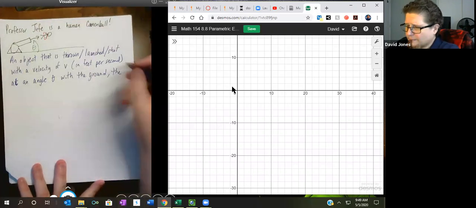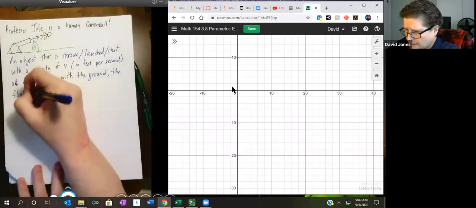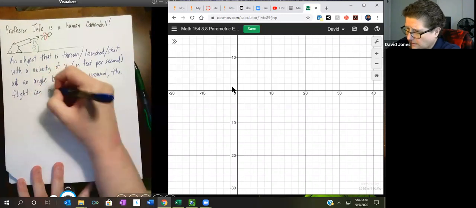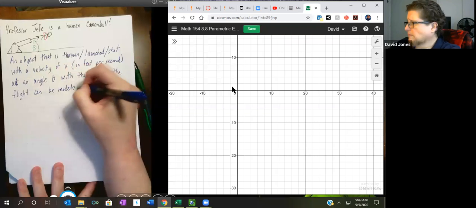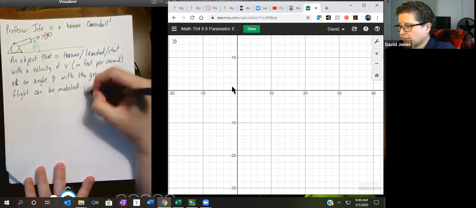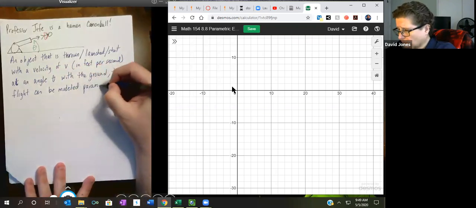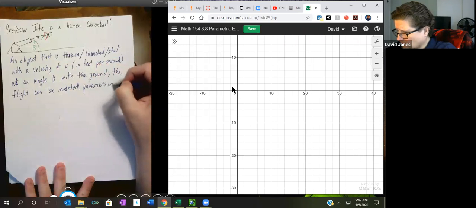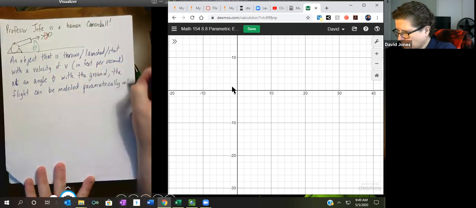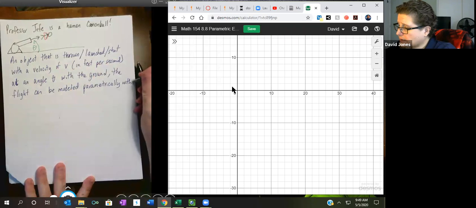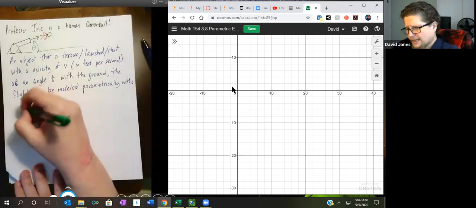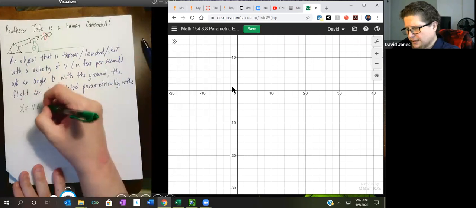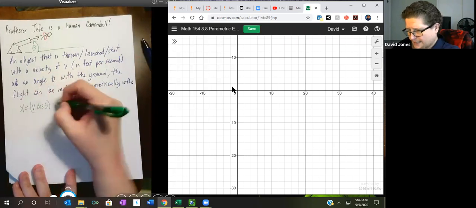The flight can be modeled parametrically with this. X equals v cosine theta times t.